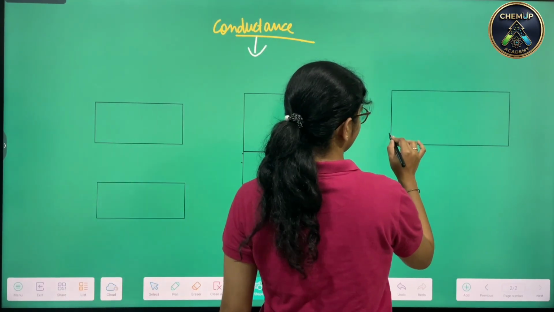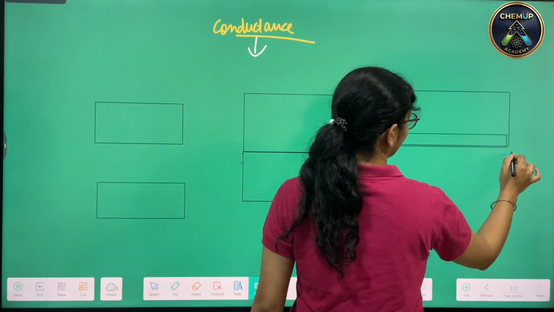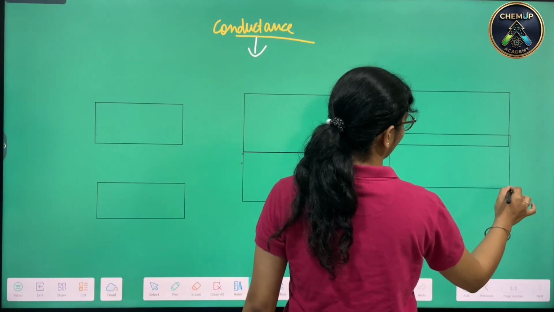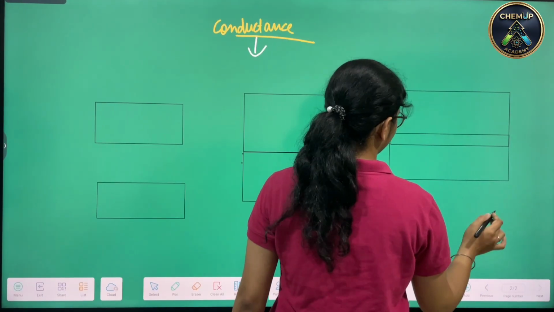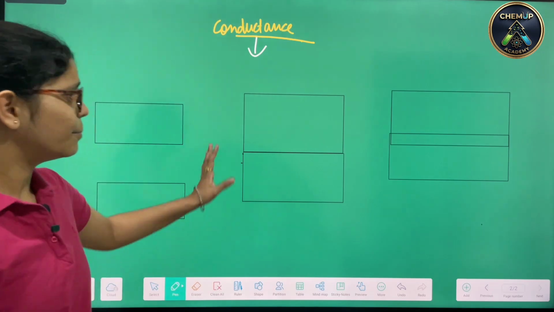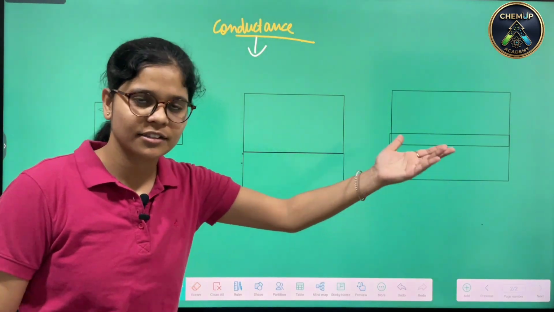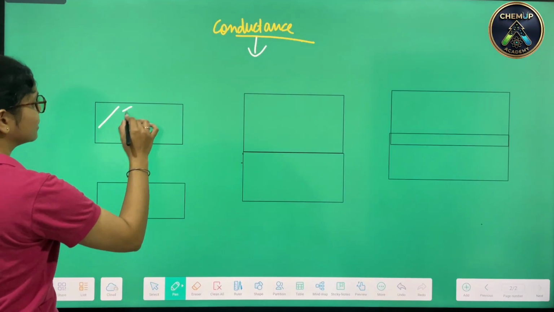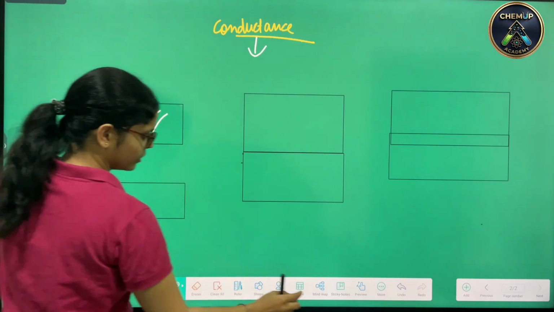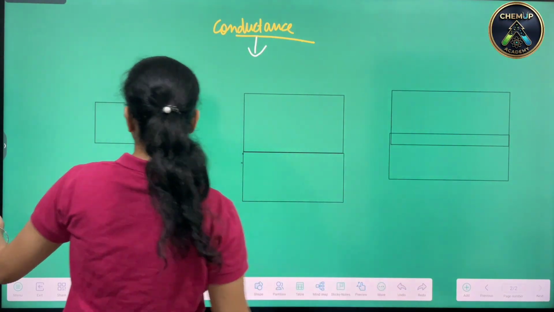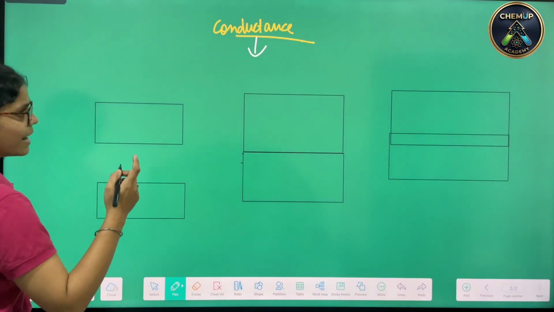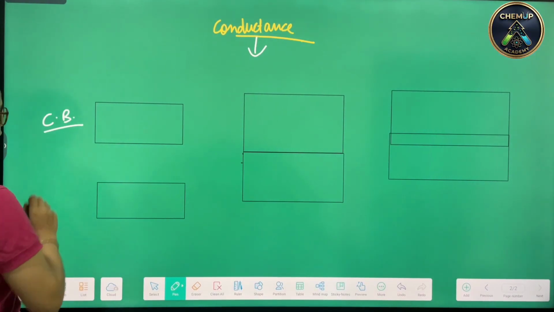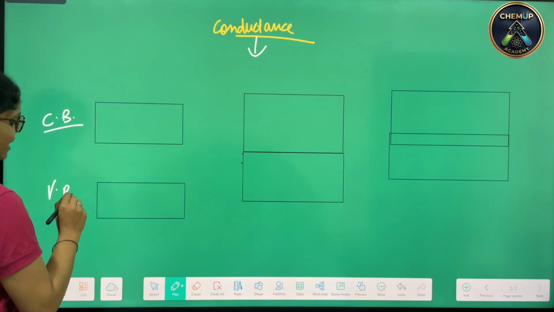All right, so this is from the very basic things that we are starting with. Here we have the conductance band. Let's not take this as our conductance band; this will be our valence band and one will be our conductance band. We can call it CB, that is the conductance band, and here it is the valence band for all of these three.